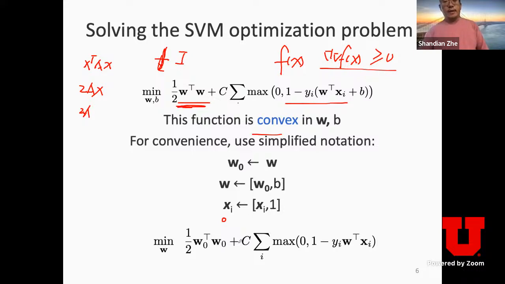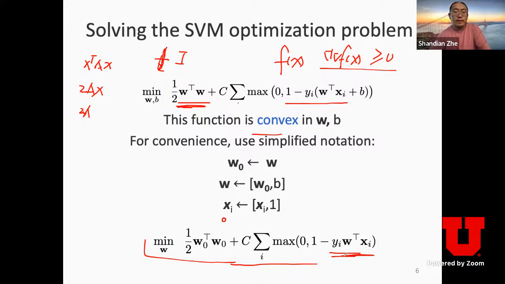Then our SVM objective function can be rewritten in this form. Remember in the hinge loss, because we have this augmented data xi and augmented weight vector w, now this function margin becomes yi w transpose xi directly.